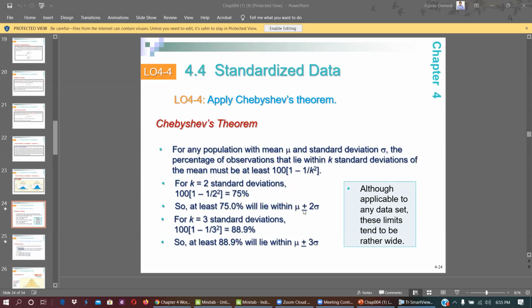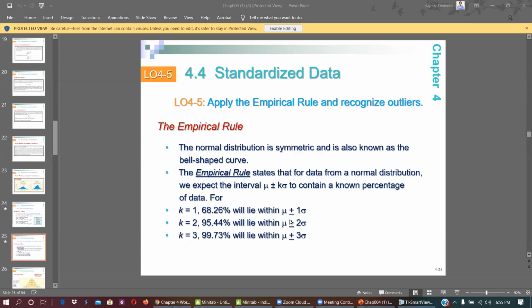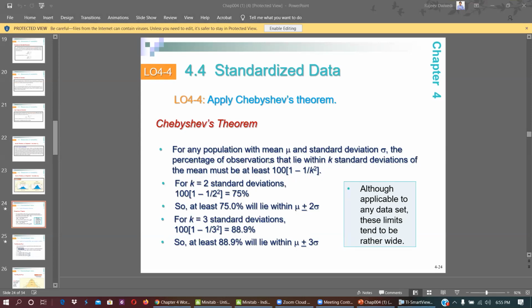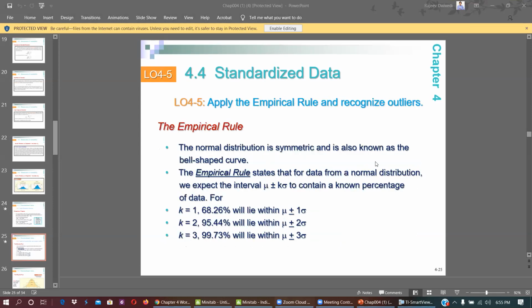What is this? I'm going to explain. For k equal to 3, at least 88.9%, which is approximately 90% of the data, must be within that range. And then, basically, within 1 sigma, it says, then actually this is the truth, which is the empirical rule.